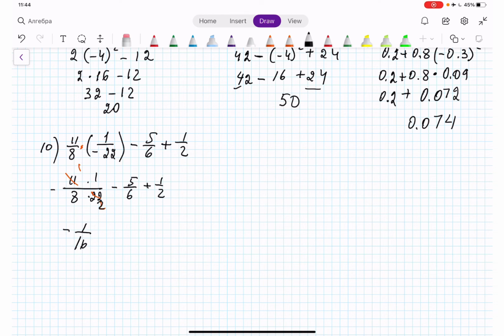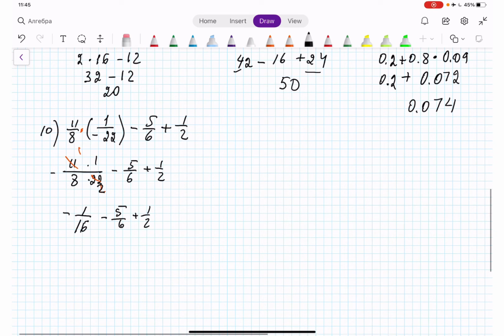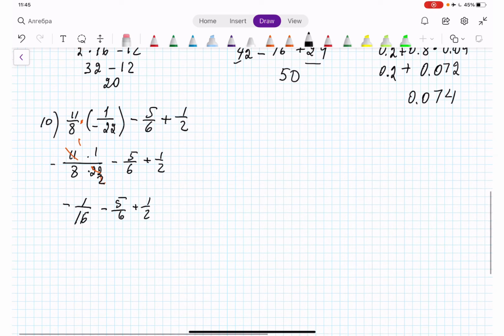This is 2 minus 5 over 6 and plus 1/2. Okay, so what is going to be the common denominator here? 16, 6, and 2. It's going to be 48, right?